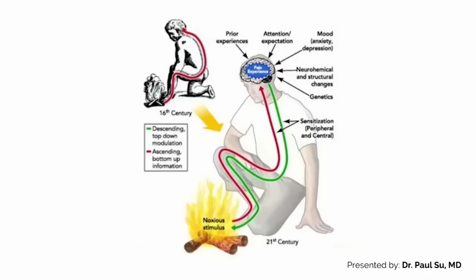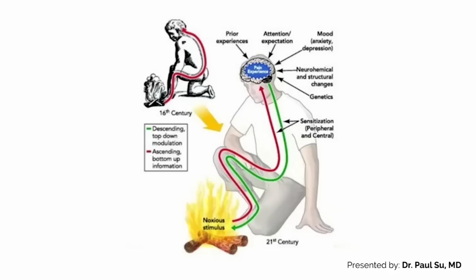For example, we know that attention and expectation can play a big role in our experience of pain. Think about people who get injured during war or during a sports game. You know, they may not actually experience the pain at that time because there's just so much adrenaline or their attention is focused on something else.